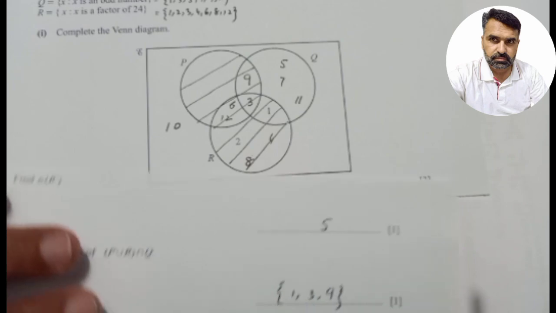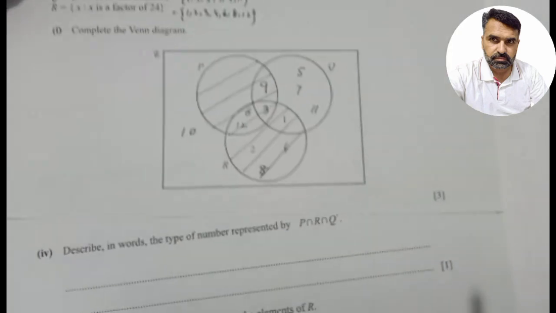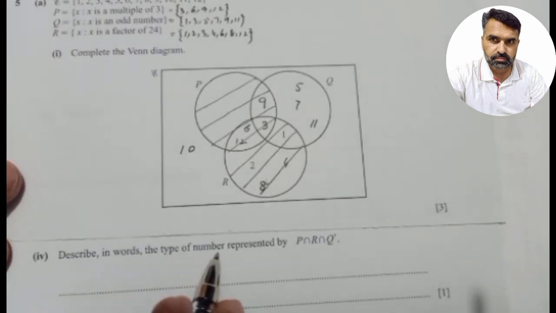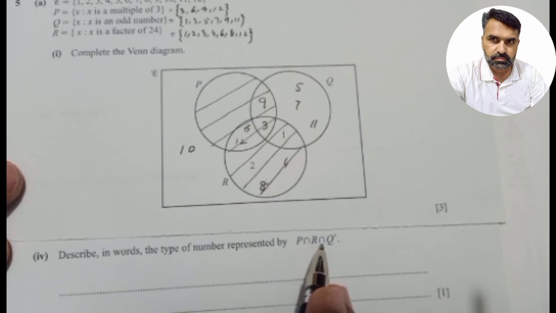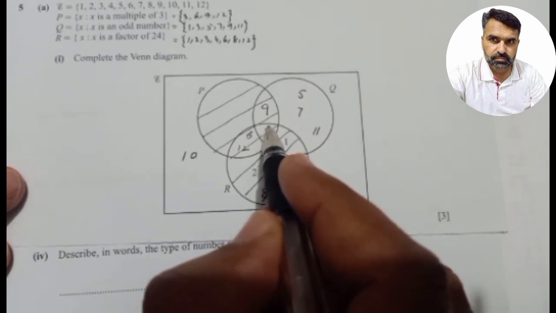Next part is part number 4: describe in words the types of numbers represented by P intersection R intersection Q complement. P intersection R is representing this portion.